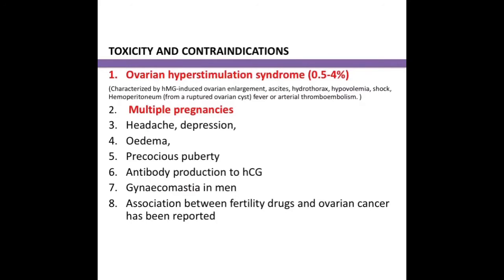It is characterized by HMG-induced ovarian enlargement, ascites, hydrothorax, hypovolemic shock, hemoperitoneum from a ruptured ovarian cyst, fever, or arterial thromboembolism. So when giving these synthetic gonadotrophins, we have to be aware of this complication.